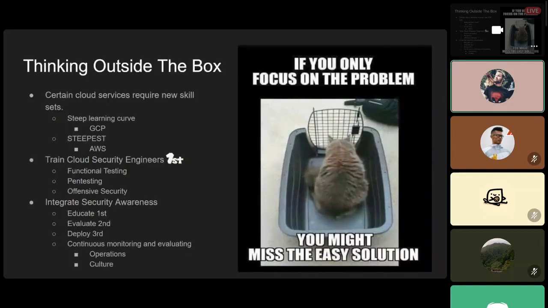Okay, so we evaluate our folks, and then we allow them to deploy stuff. Then we allow them to build, create, deploy, and then we make sure that we have proper monitoring and evaluation on the cloud operations, the infrastructure, as well as the culture, right? And that's not saying like, okay, here's a thing that says you can't do this, don't click on links. It's more than that. It's teaching folks about how to maintain the cloud infrastructure as new services start to come up, right?